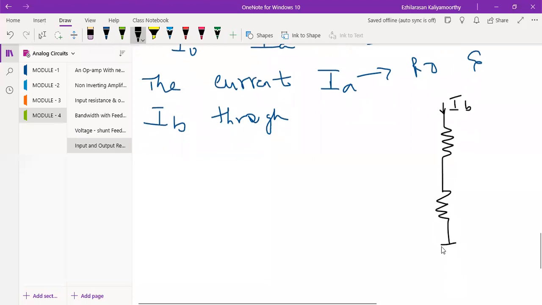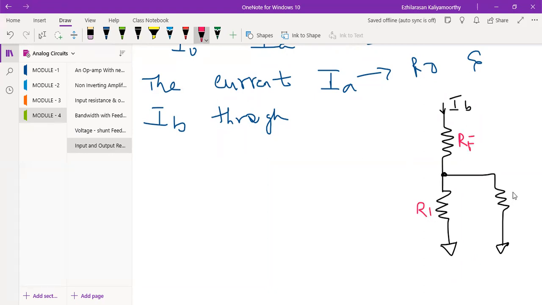So this is grounded. Next, from the same node, one more resistance is also connected, that is called RI, which is also connected to ground. So now I'll put the names: this is RF, this will be your R1, this will be your RI. So now from this I can say the IB is through this.